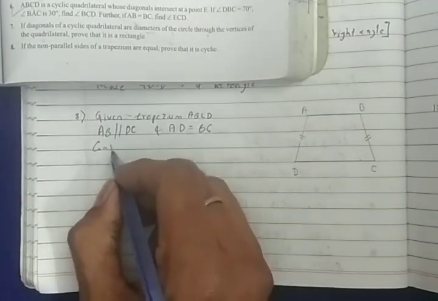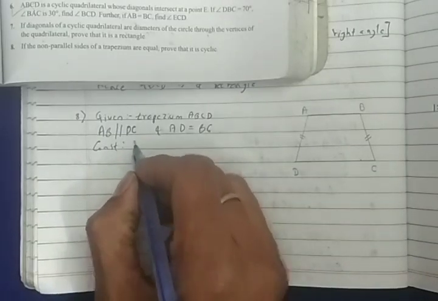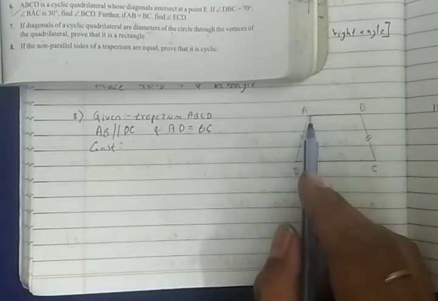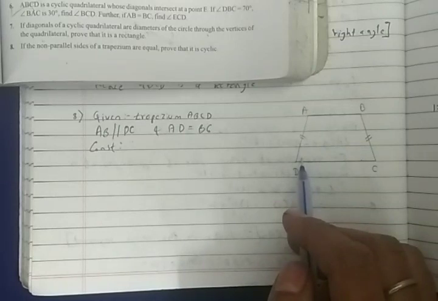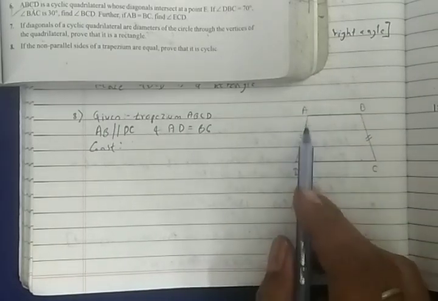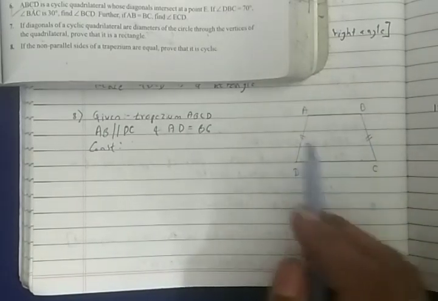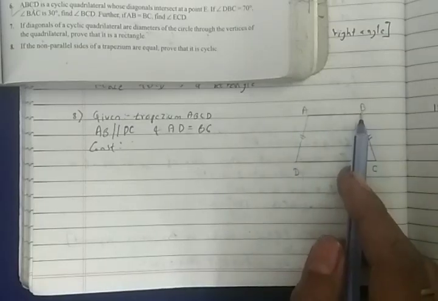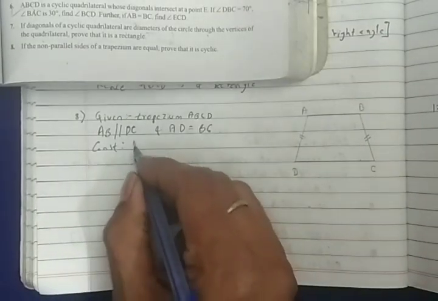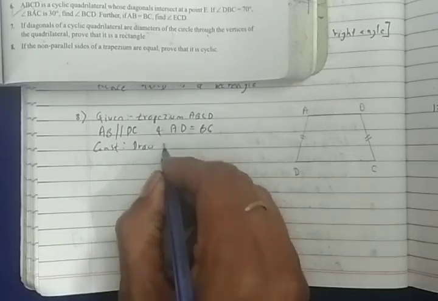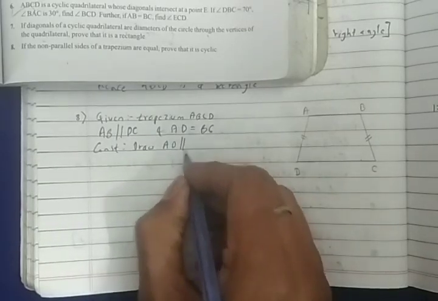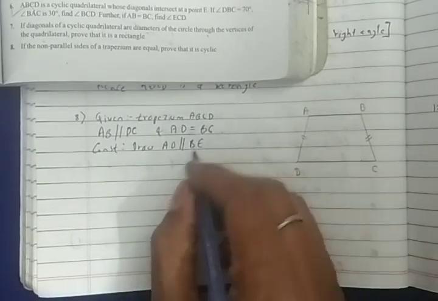We will construct a line BE which is parallel to AD, starting from B. So we will draw AD parallel to BE.